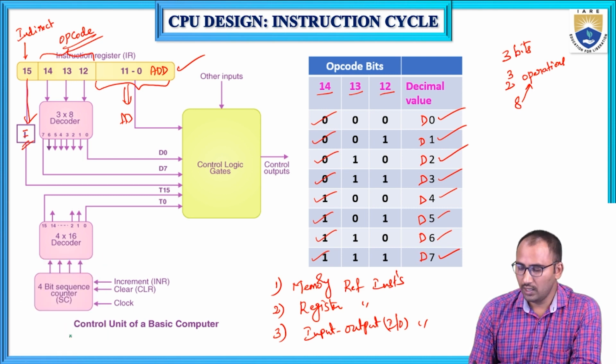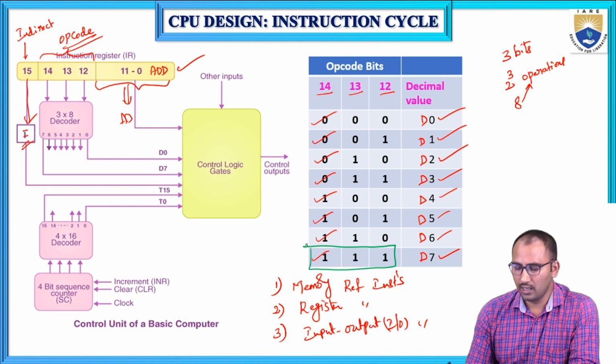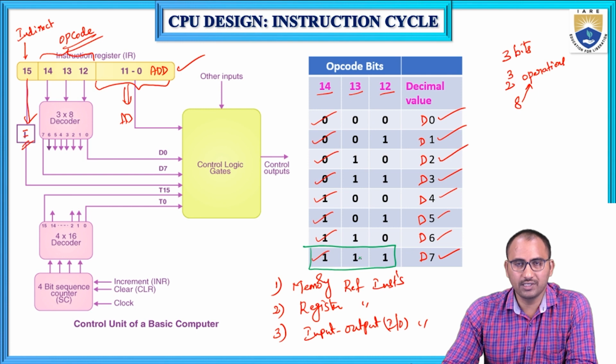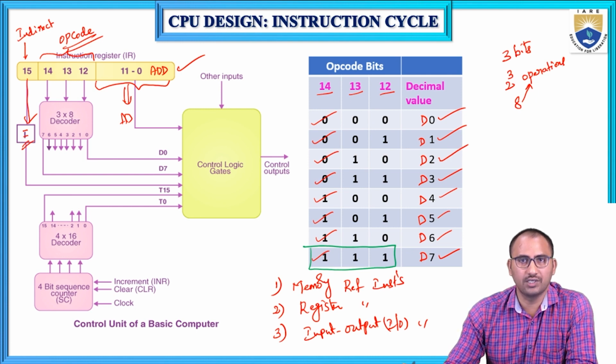So using D7, we decide whether that instruction is a memory reference, IO reference, or register reference instruction.